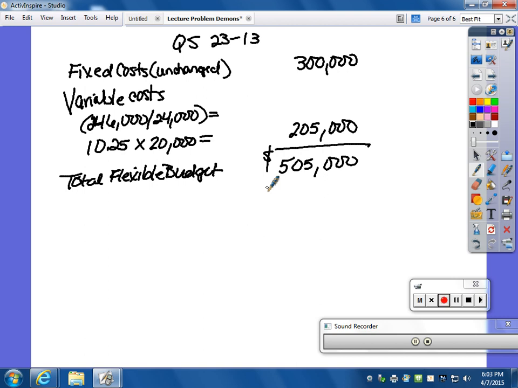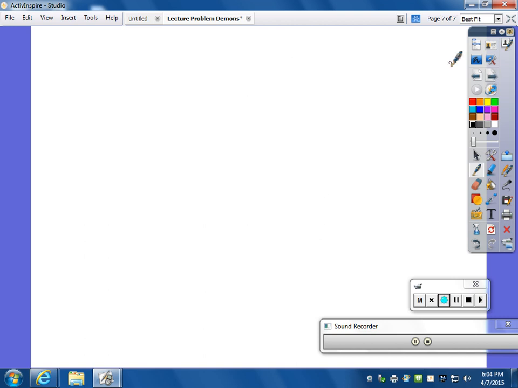So the flexible budget is basically the 20,000 units, right? And the first thing we probably need to do is calculate what? Sales price per unit.